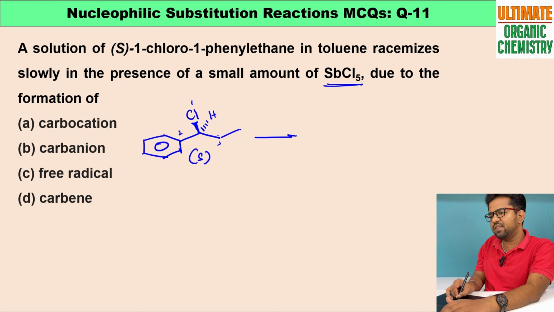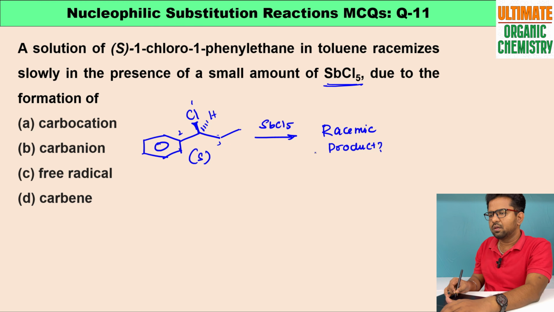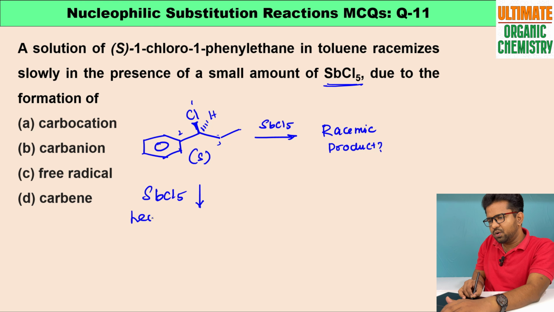When it is treated with antimony pentachloride, you will get a racemic product. How is it happening? You know that antimony pentachloride is an example of Lewis acid.